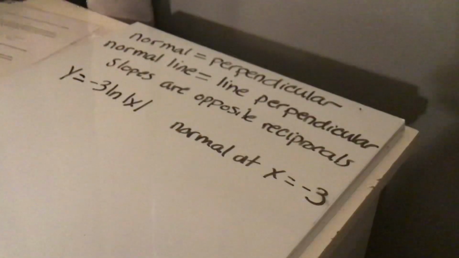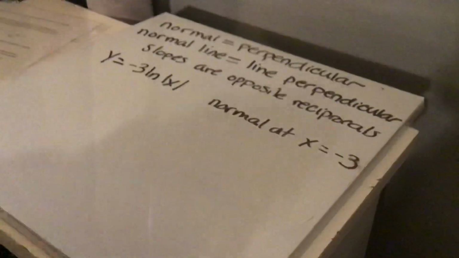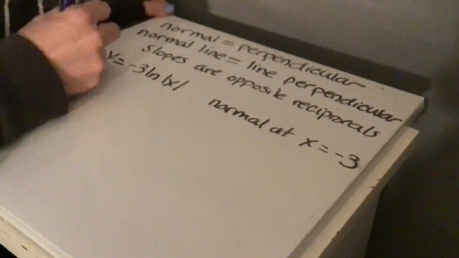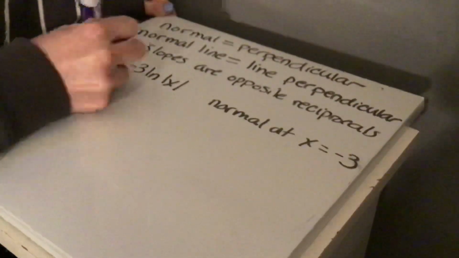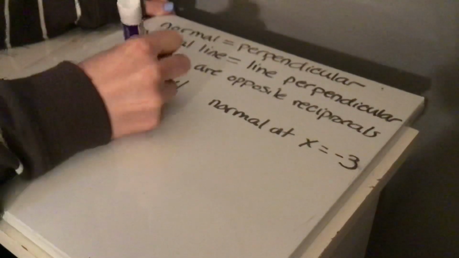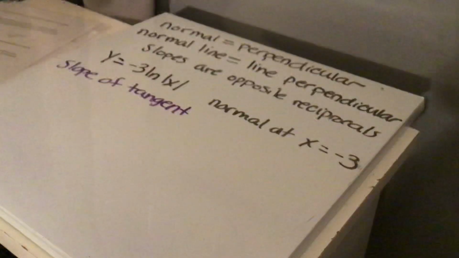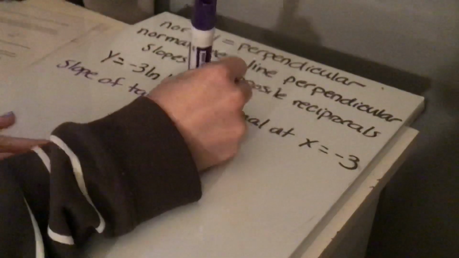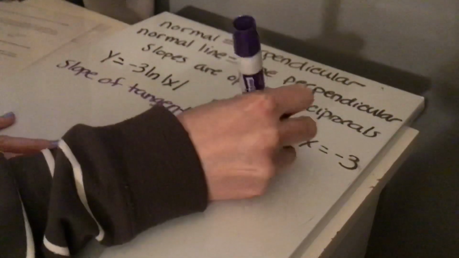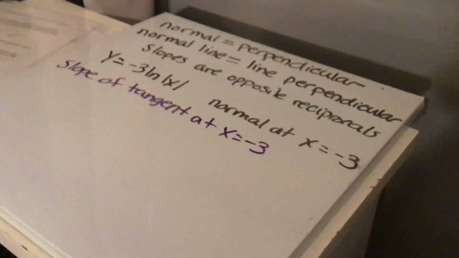The very first thing you need to do is find the slope of your tangent line. The slope of the tangent line at -3 is the derivative evaluated at -3.